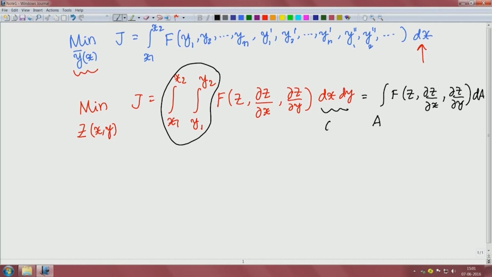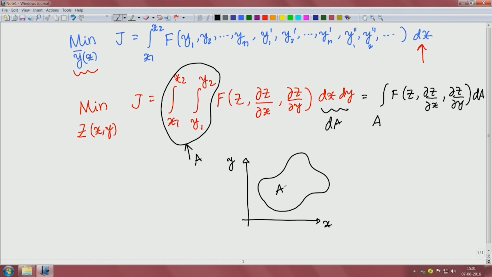So, this is dA and this region is A. If I take x and y, let us say this is x and this is y, some arbitrary region, that is our A. Over that we have a function that is defined. If I say z axis going perpendicular to this xy plane, and that z of x, y surface whose projection is this area, that domain, this is our domain for the function z(x,y).